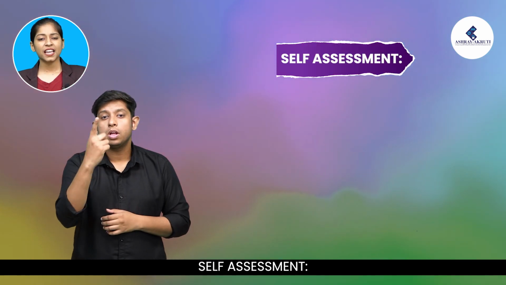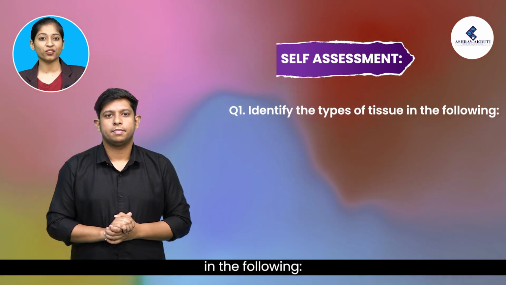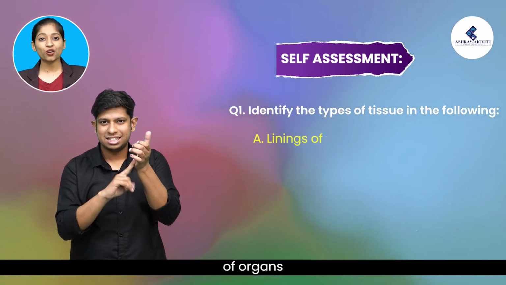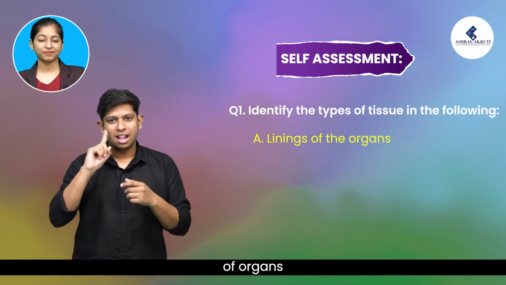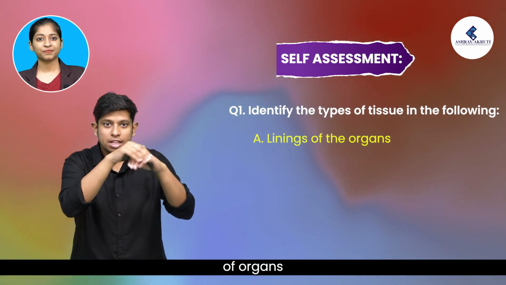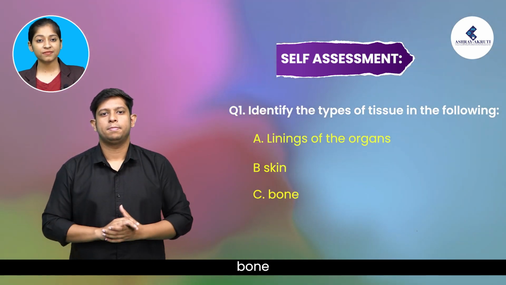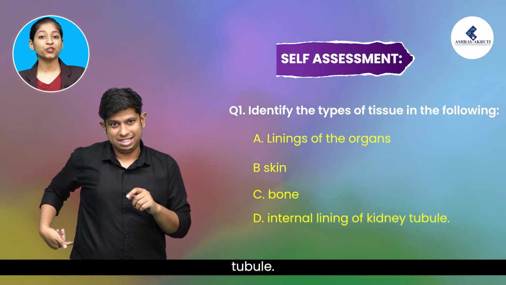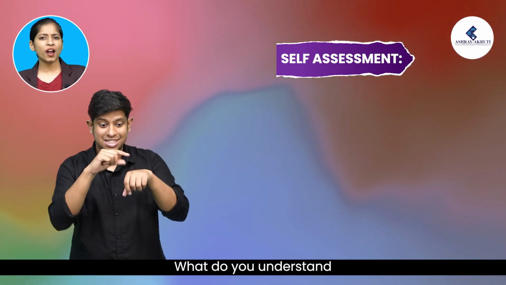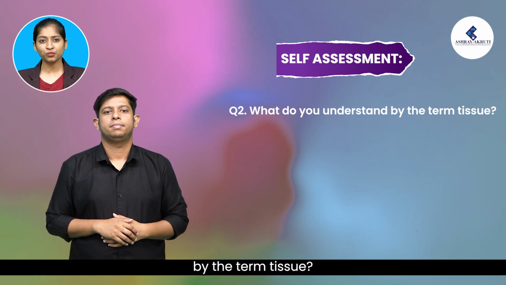Self-assessment. Identify the types of tissue in the following: linings of organs, skin, bone, internal lining of kidney tubule. What do you understand by the term tissue?